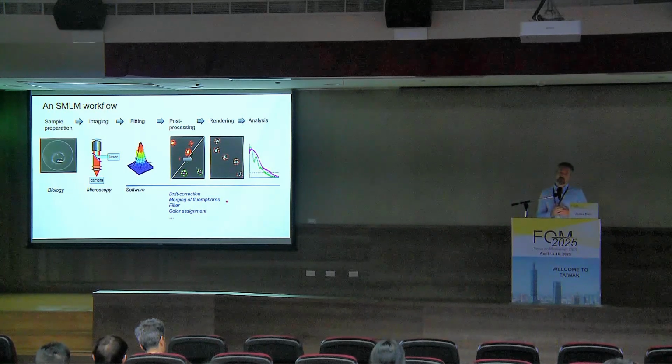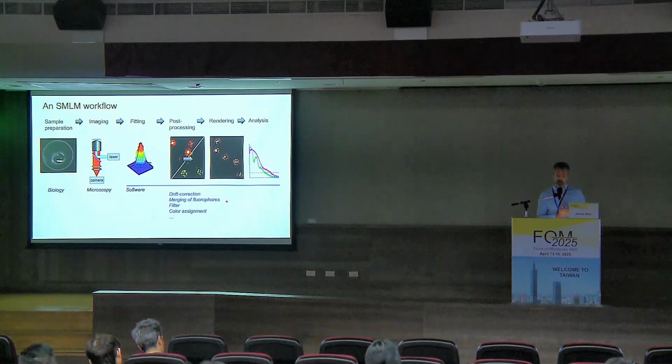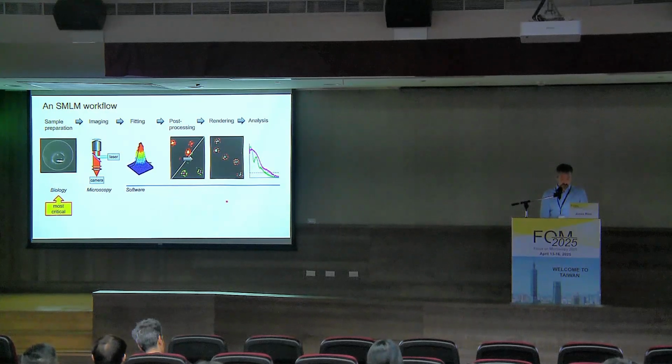From this, we can then render a super resolution image, but we can also take the output of single molecule localization microscopy, these are the coordinates of the single fluorophores, directly for further analysis. So by far, the most critical step in this protocol is the biology, is the sample preparation.